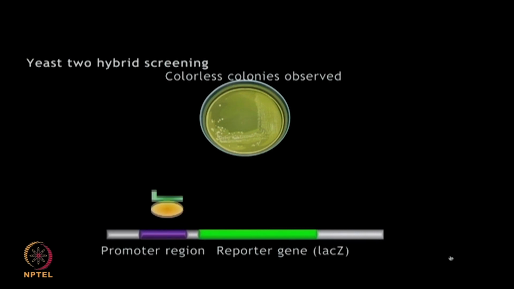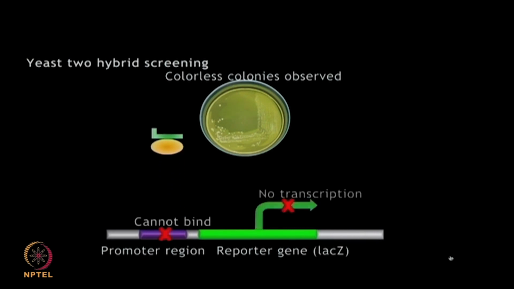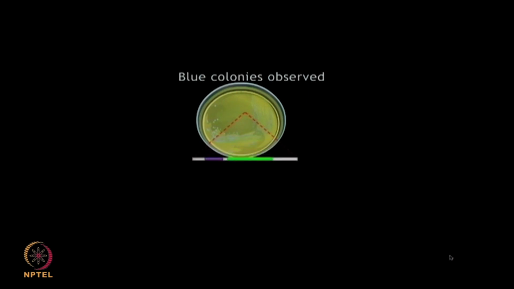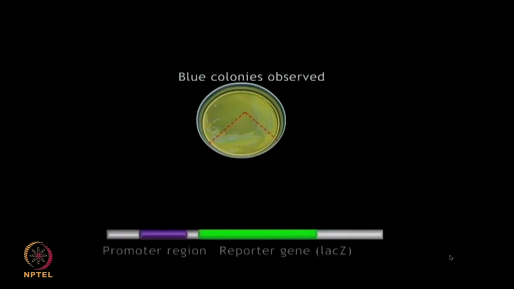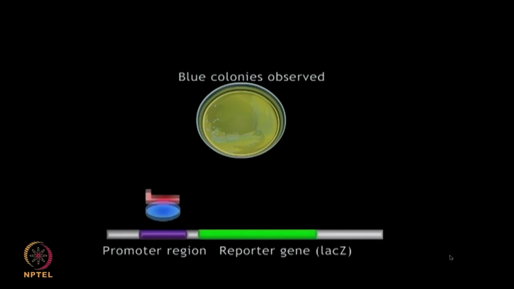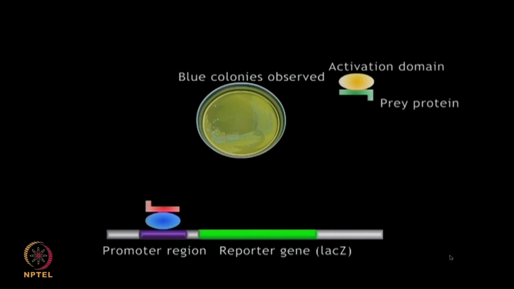When the bait protein bound with the binding domain interacts with the prey protein fused with the activation domain, there will be expression of the reporter gene, which can easily be detected. The LacZ gene is commonly used as a reporter gene, whose protein product beta-galactosidase cleaves the substrate X-gal, resulting in blue colored colonies.